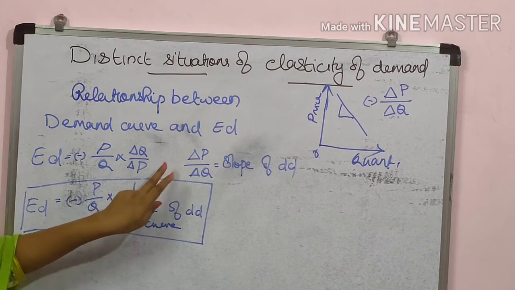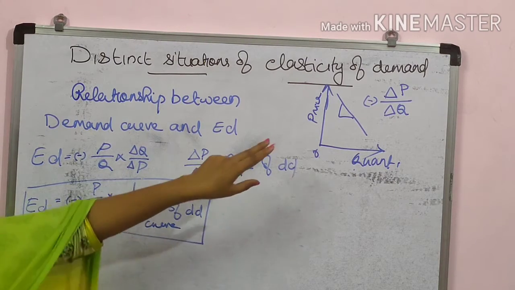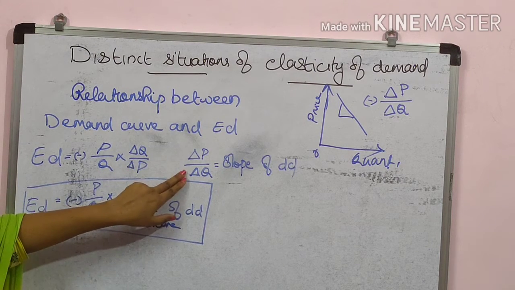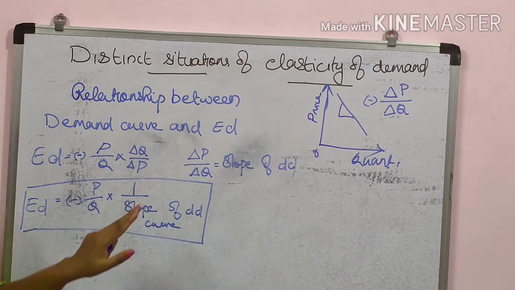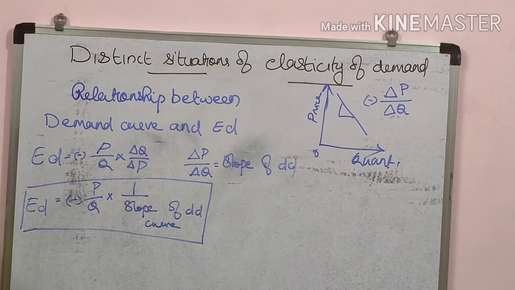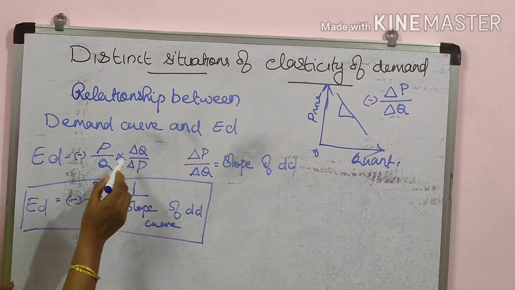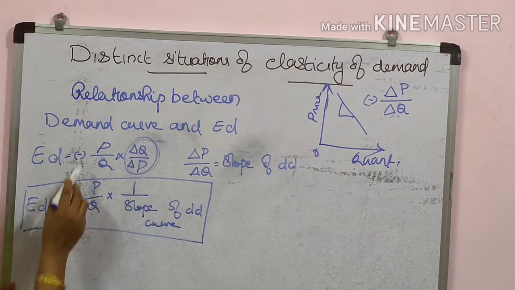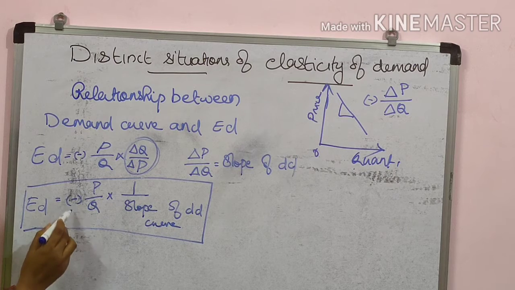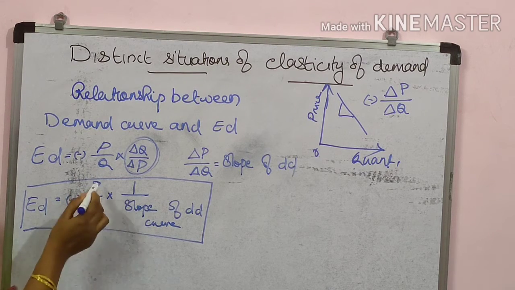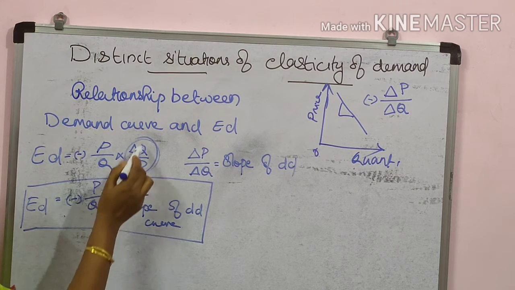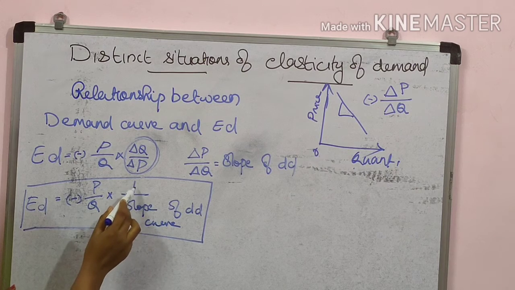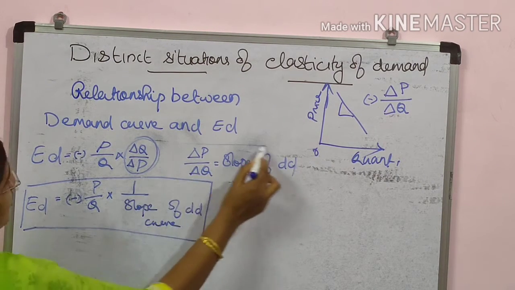Just now I told you that the slope of demand means change in price upon change in quantity, which we consider the slope of the demand curve. So we can write elasticity of demand as minus P by Q multiplied by change in Q by change in price, and this portion can also be written as 1 upon the slope of the demand curve.